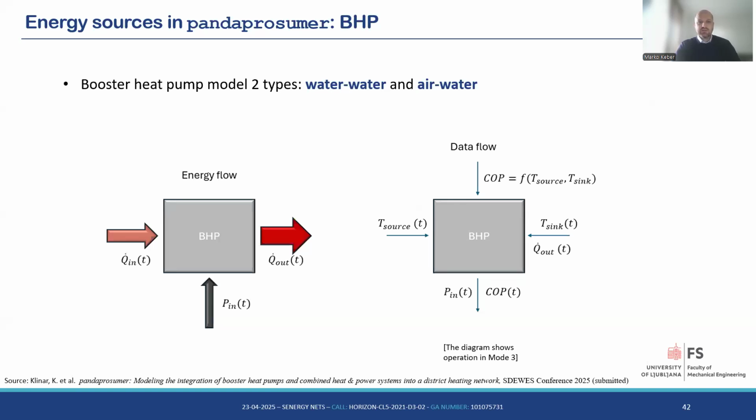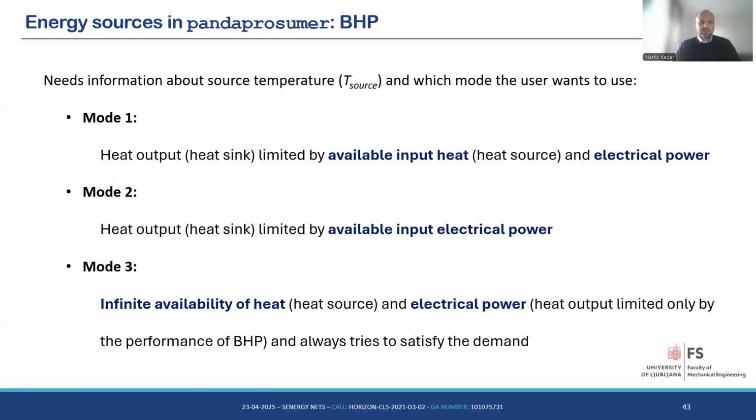The booster heat pump will provide a boost, so it will increase the temperature to a desired value, and this will be the output. Now, there are two types included in pandaprosumer, water and air-water, and there are three modes.